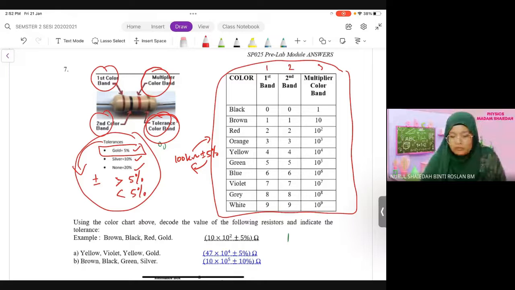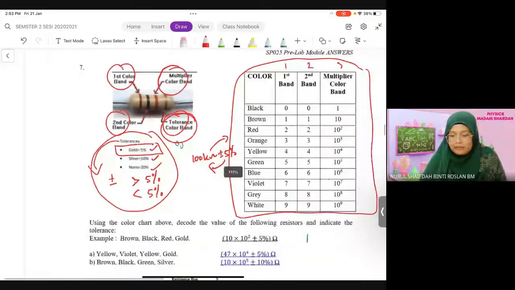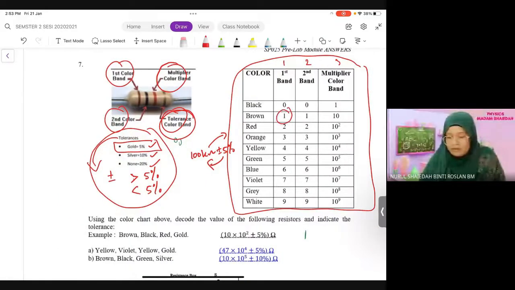Okay, contohnya color ni brown. So first kita akan ambil brown, 1. Second adalah black, so black adalah 0. Next one is red. So bacaan you akan jadi 10 power of 2.